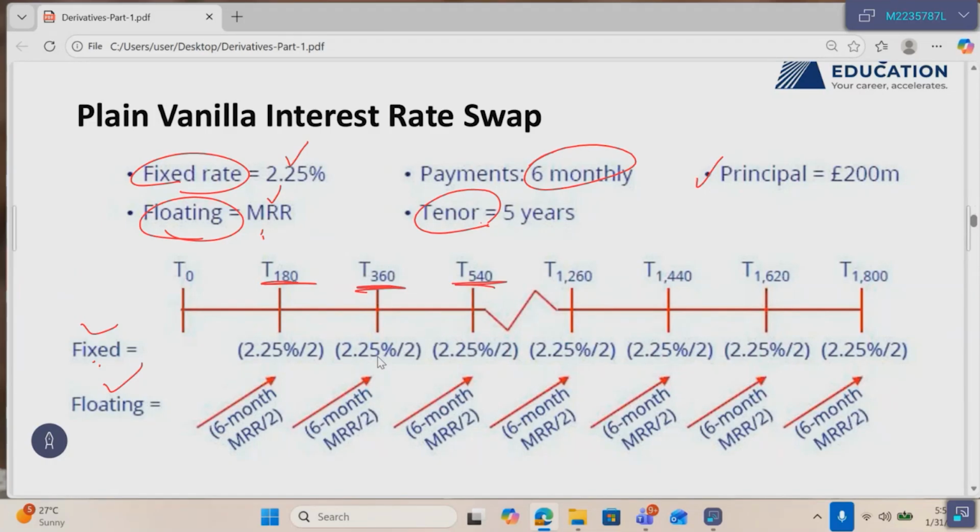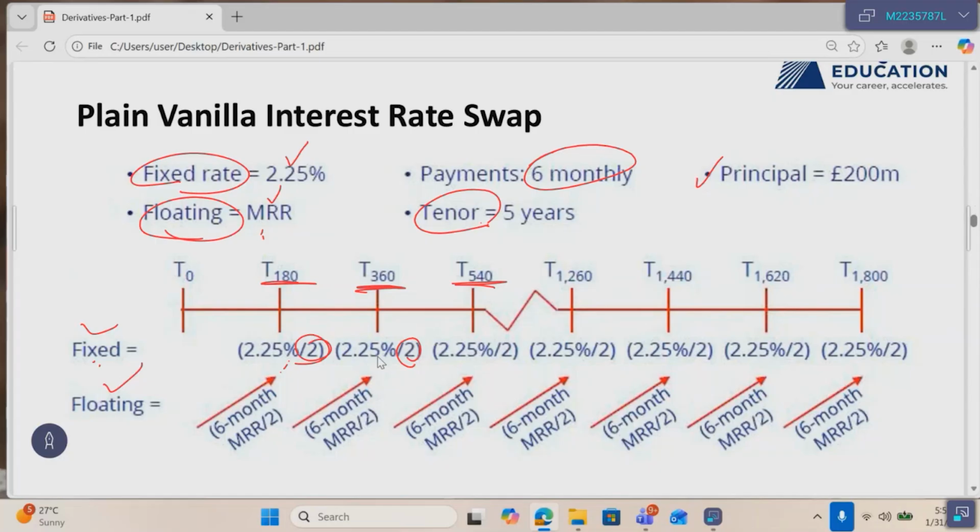So here I'm not even sure what exactly is happening on the inside. And you notice that because that's fixed, they are divided by 2. But you don't have much of a choice. So this is a plain vanilla interest rate swap.